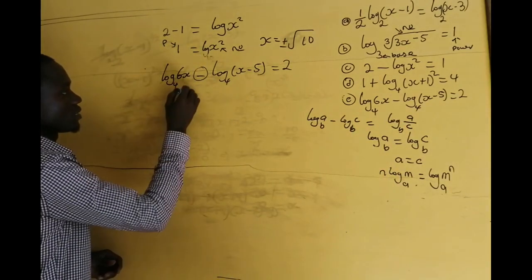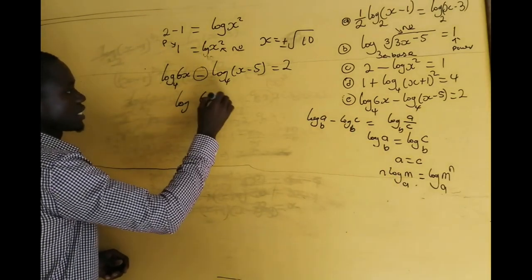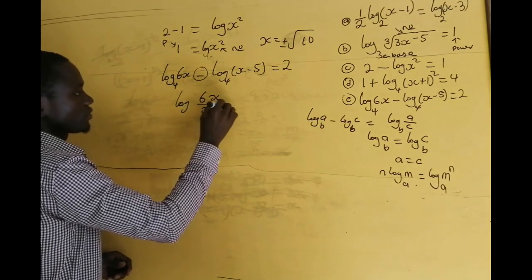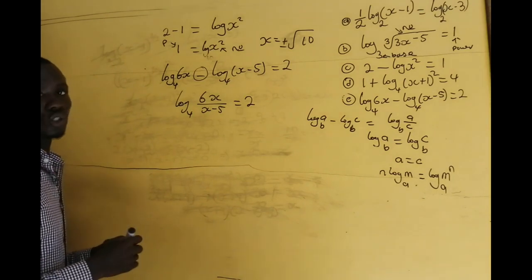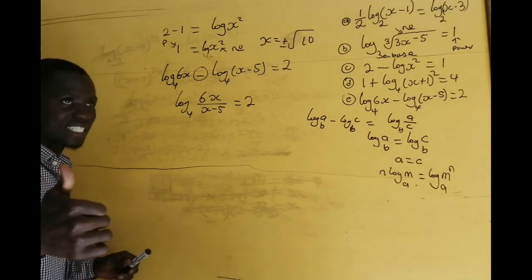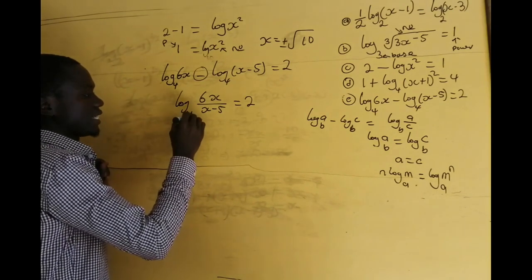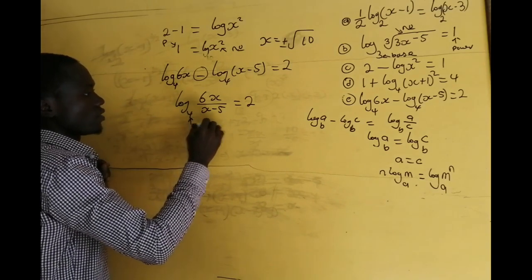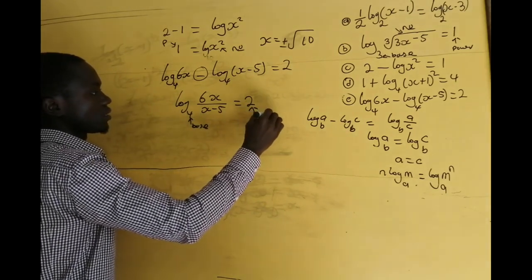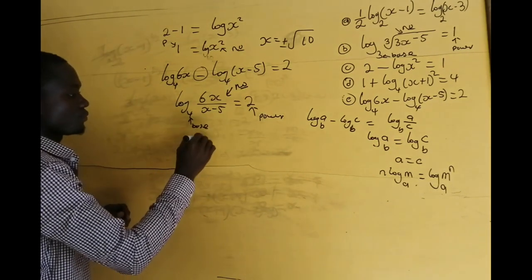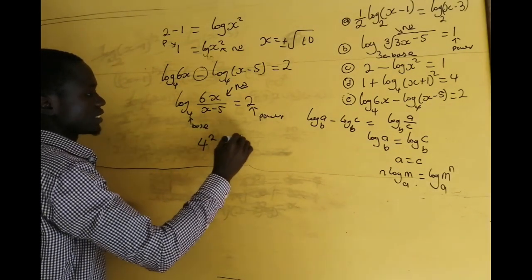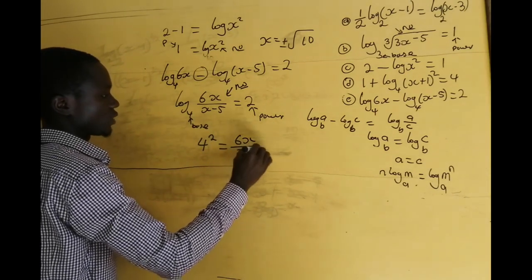So this gives us log 6x divided by x minus 5 base 4 equal to 2. Now we use the definition. The definition states that the base must be raised to this power to give us the number. So here 4 squared should give us 6x divided by x minus 5.